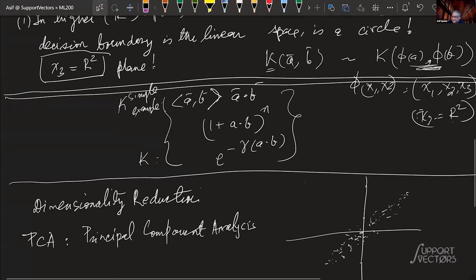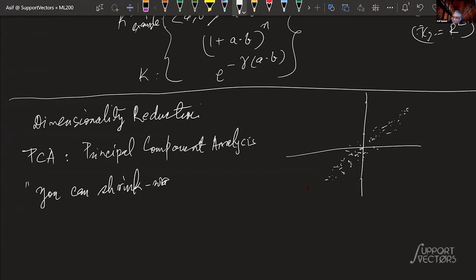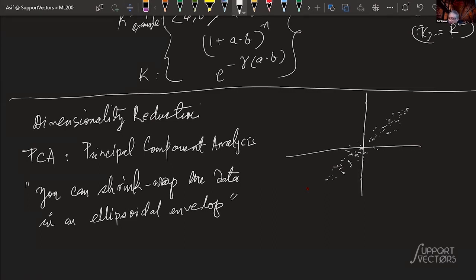The basic intuition is you can shrink wrap the data in an ellipsoidal envelope. Here it is not necessarily 3 or 4 dimensions. It's very simply an ellipse, a simple 2-dimensional ellipse.